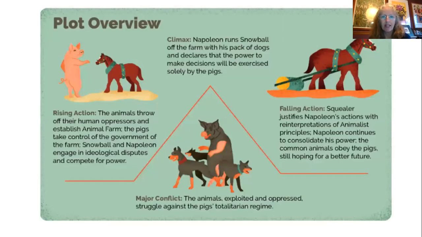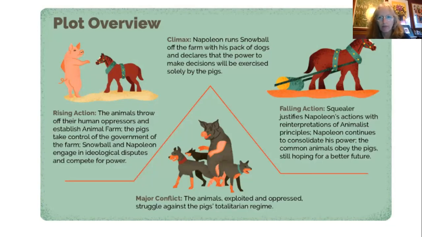Okay, so this is the plot. So we have the rising action, the climax, the falling action, and the major conflict. I want you to pause now to read silently to find out more about this plot overview.